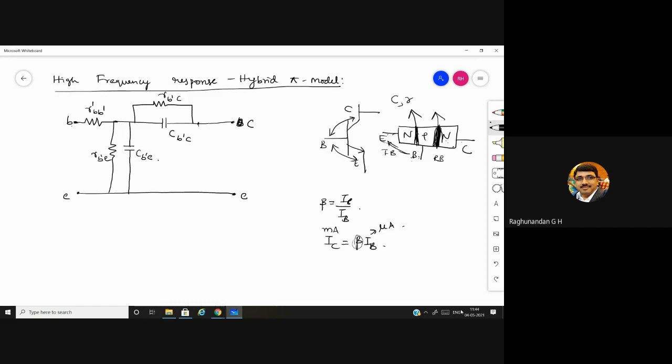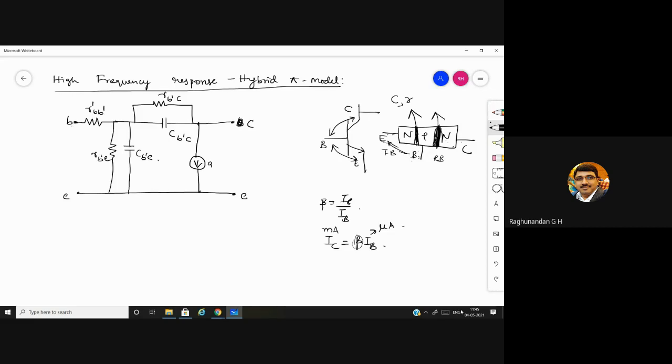This part of the circuit, between the collector and the emitter, is acting like a source generator, or like a charge generating unit. Since it is acting like a charge generating unit, the collector and emitter are going to have a current source.